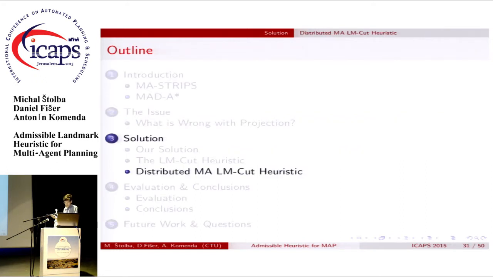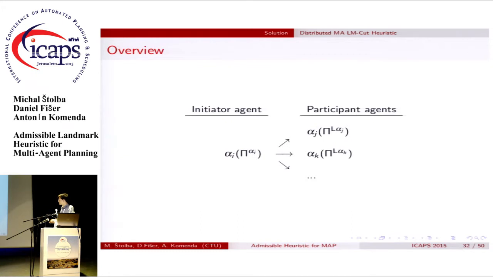Right, so now we want to distribute this heuristic. The main idea and principle will be that one of the agents will be called initiator agent, and he will work on the projected problem. So he will work on his own actions and on projections of other agents' public actions.